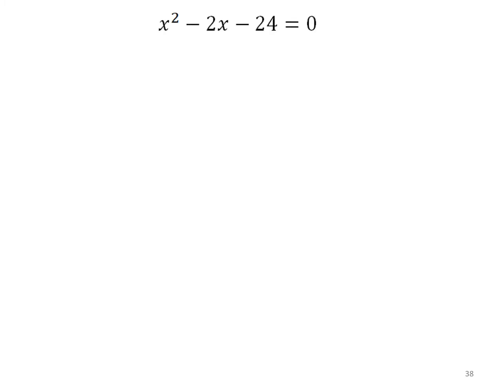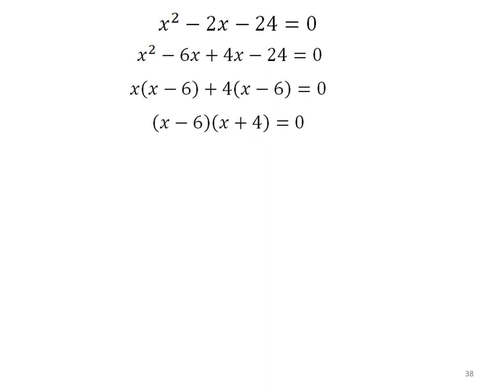x square minus 2x minus 24 is equal to 0. So when we split up, we get x square minus 6x plus 4x minus 24 is equal to 0. x into x minus 6 plus 4 into x minus 6 is equal to 0. x minus 6 into x plus 4 is equal to 0.